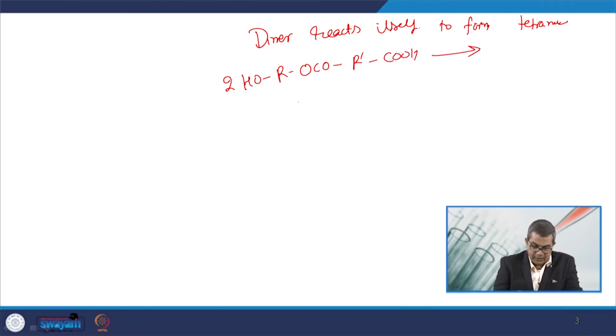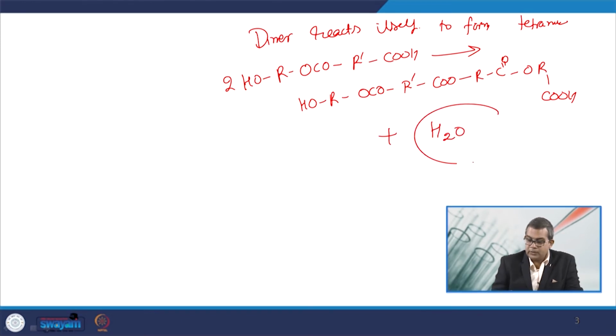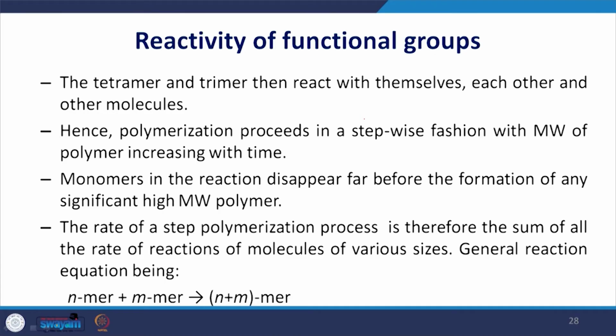This can react and gives you the tetramer plus H2O. This is the condensation product. Now the tetramer and trimer, when they react with themselves, form other molecules. So therefore, we can say the polymerization proceeds in a stepwise fashion with the molecular weight of the polymer increasing with time.